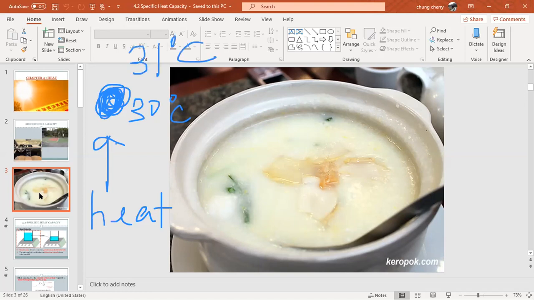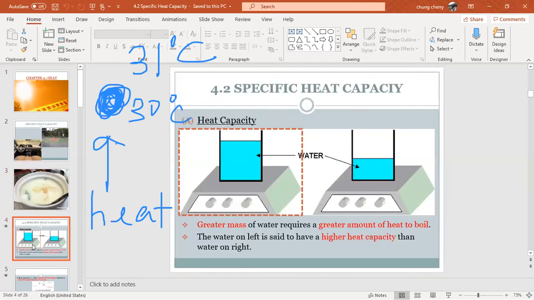Every absorption of a certain amount of heat increases it by another degree Celsius. So the heat that is absorbed by the object to increase the temperature by 1 degree Celsius, we will call it heat capacity.